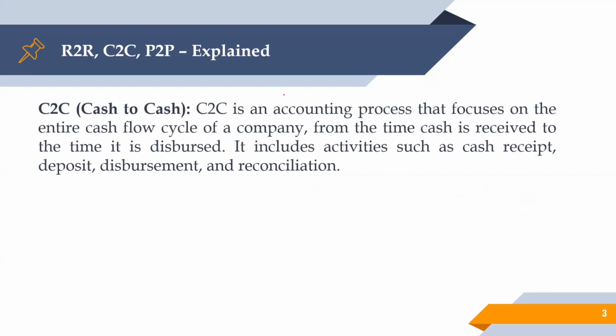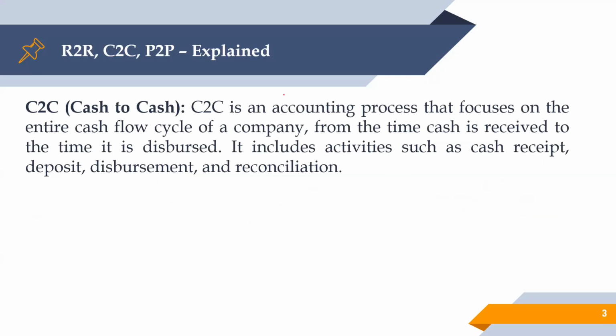Next is cash to cash. Cash to cash is an accounting process that focuses on the entire cash flow cycle of a company, from the time cash is received to the time it is disbursed. It includes activities such as cash receipt, deposit, disbursement, and reconciliations.